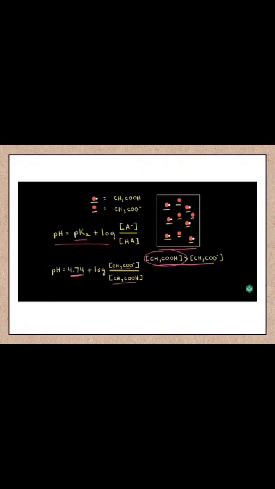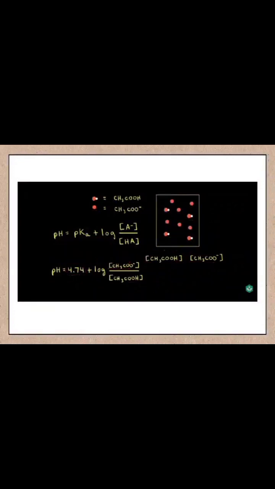Therefore, we have a smaller concentration divided by a larger concentration. So we have a number less than 1. And the log of a number less than 1 is negative. Therefore, all of this would be negative or less than 0. So we would be subtracting a number from 4.74. Therefore, we can say the pH of the solution would be less than 4.74.